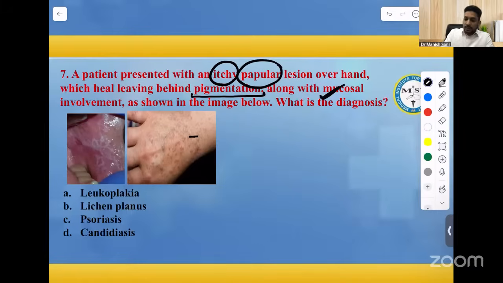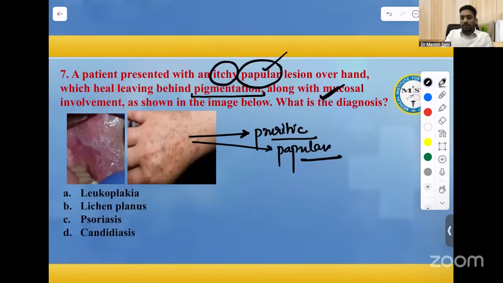So here you can see itchy means pruritic. So lesions are pruritic. They are papular. Written in the question, they are papular. They are itchy. So pruritic, papular.